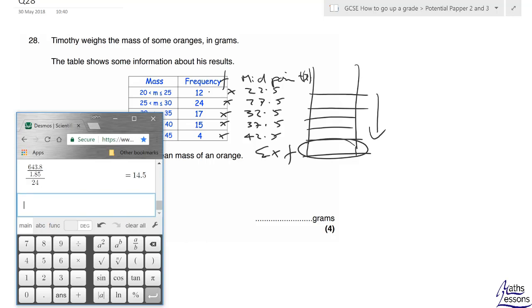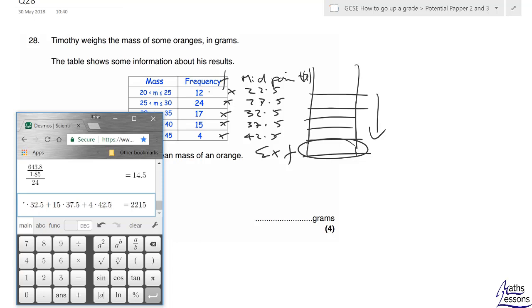So I'm going to do 12 times 22.5 plus 24 times 27.5 plus 17 times 32.5 plus 15 times 37.5 plus 4 times 42.5.